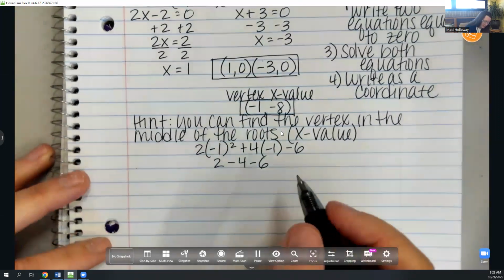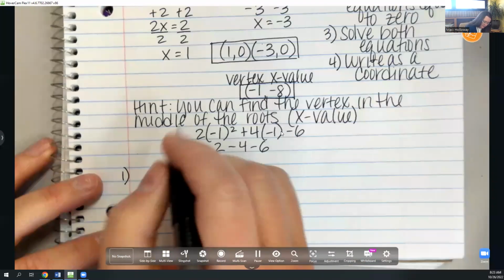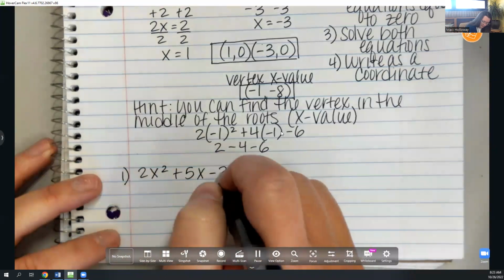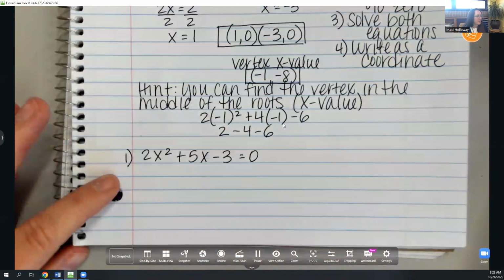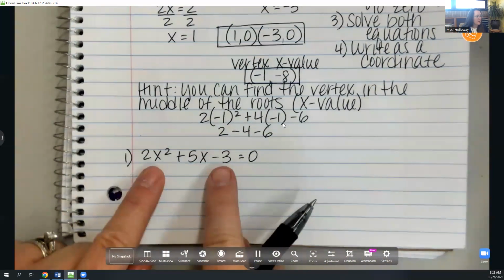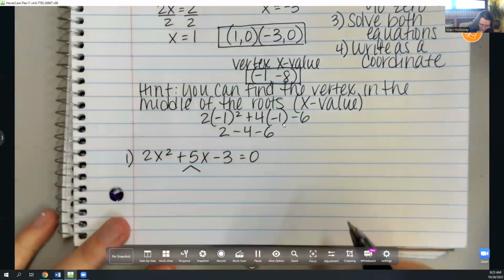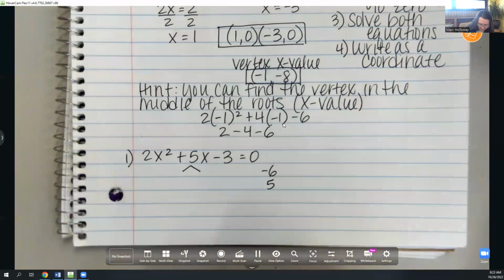All right, so here is another example. 2x squared plus 5x minus 3. I'm going to go ahead and put that equal to 0 already. So we're going to factor our 2 here. So 2 times negative 3 is negative 6, and I'm going to split my middle term. So I want two numbers that multiply to get negative 6 and add to get 5.